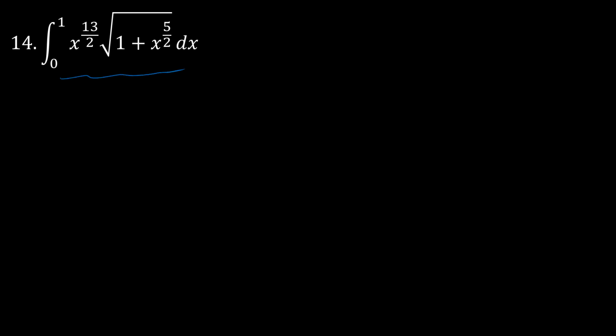So problem 14, which is as shown here. The first thing obviously one would want to do is let u be equal to that ugly part, which is 1 plus x to the power 5 over 2.